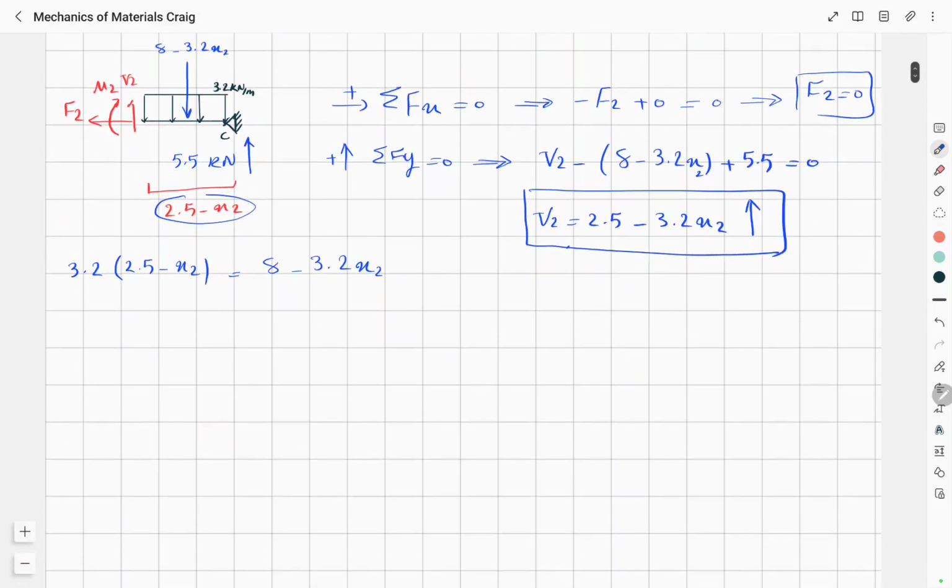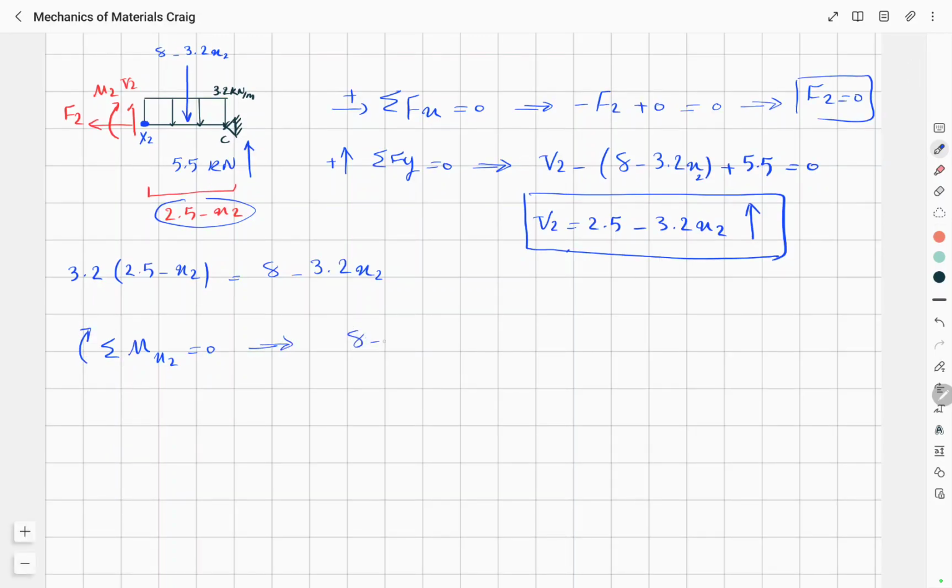And finally for M2, if we name this point x2, sigma M at x2 is equal to 0. So 8 minus 3.2x2 multiplied by this distance, which is 2.5 minus x2 divided by 2, minus 5.5 multiplied by 2.5 minus x2 plus M2 is equal to 0.